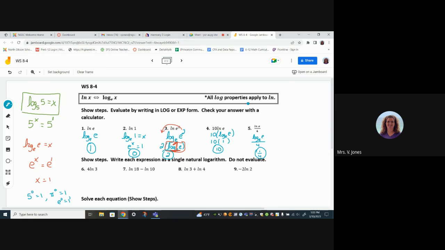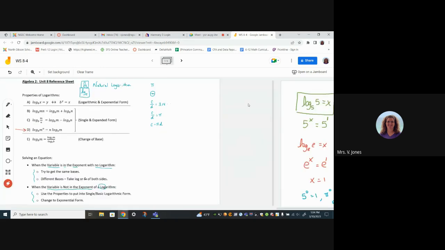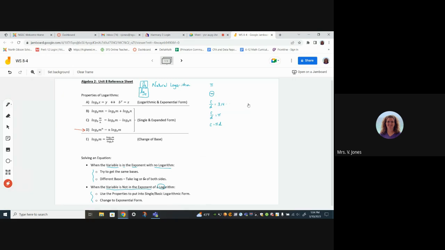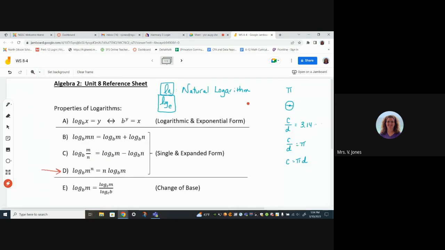All right, on number 6, now we're going to write these as a single natural logarithm. So we want to write it as a single. So let's go back and review which ones are the singles. So the single logarithms are on the left side of this sheet.